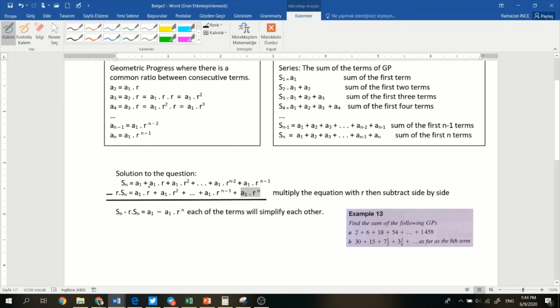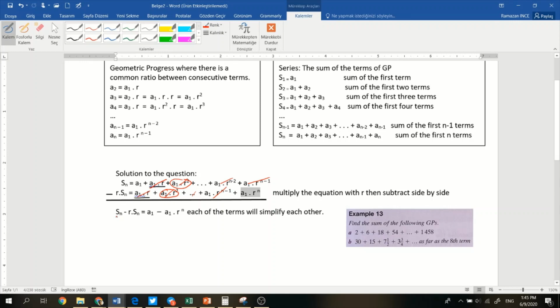This A1 and this A1 times R, are they the same thing? Yes. You are doing subtraction, so this will go out. And A1 R square and A1 R square, are they the same thing? When you subtract this from this, you will get 0. This one will continue from here, and this one will subtract from here.